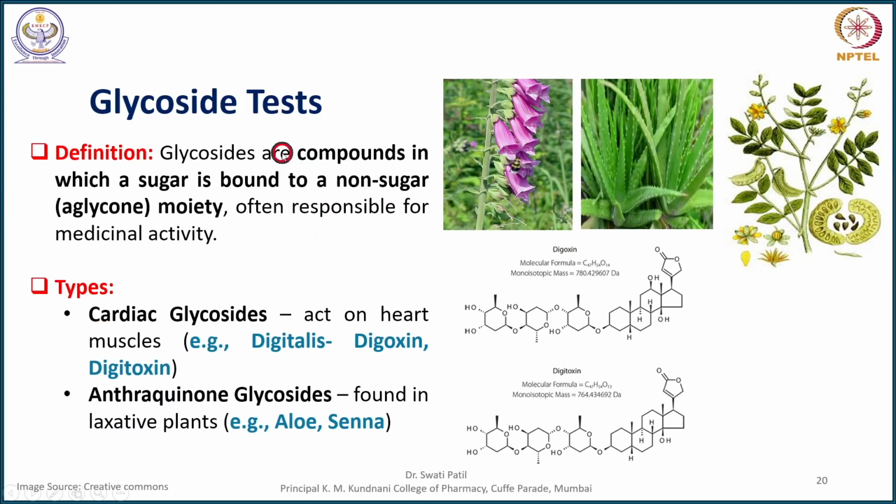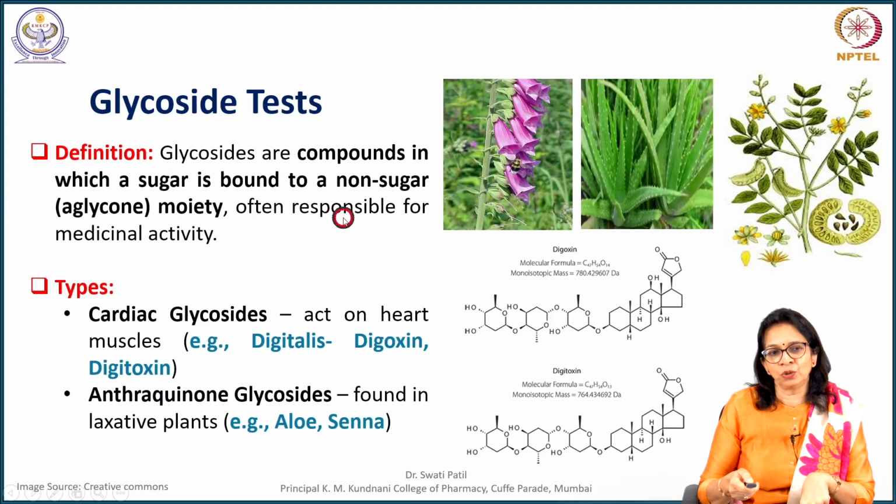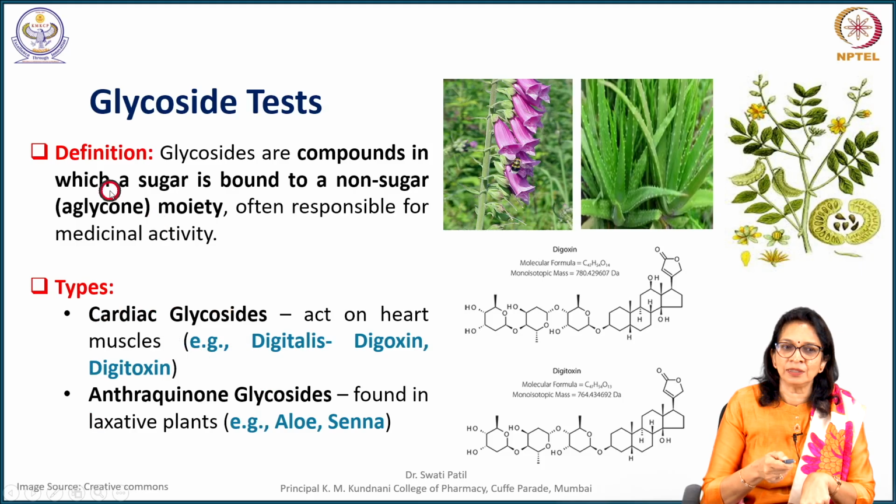Glycosides contain a sugar and a non-sugar part. Glycosides are classified as cardiac and anthraquinone, among others. To detect the sugar, any test for sugar, like Molisch test or Fehling solution, will tell us whether a glycoside is present, but that test will detect only the presence of sugar.